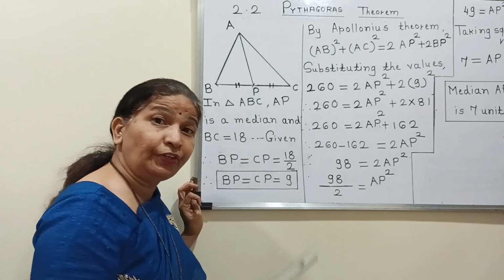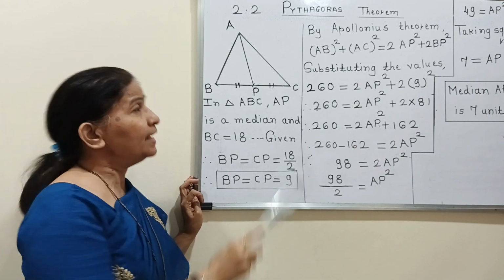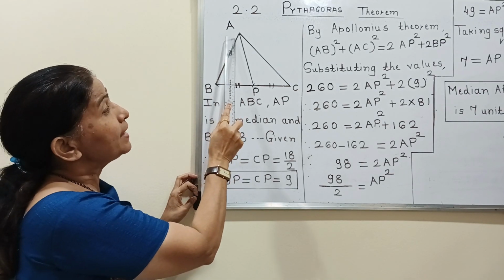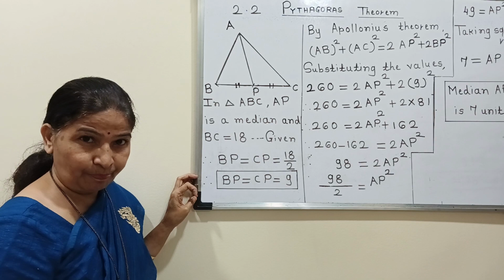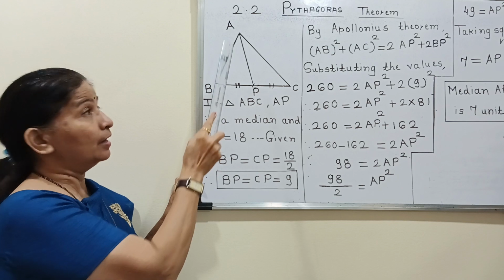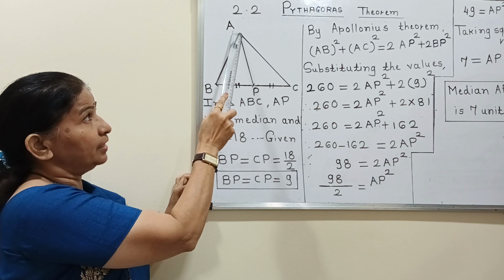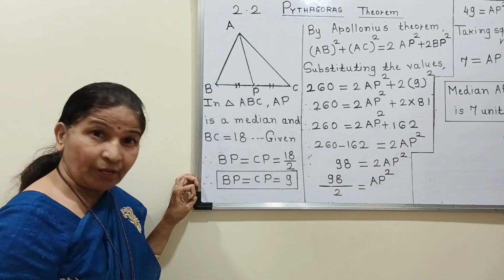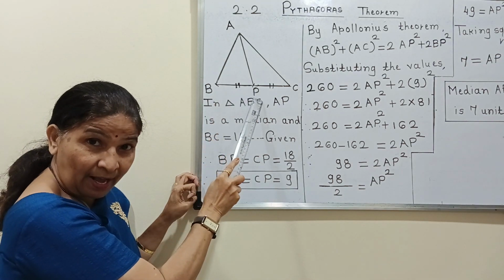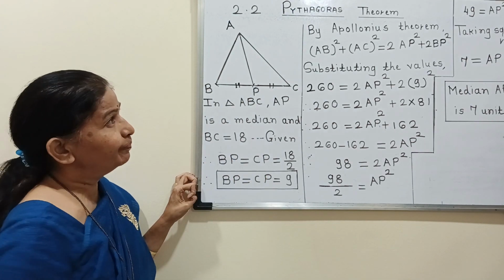Now we will turn to Apollonius theorem. We will apply here Apollonius theorem to find the median AP. So I will say by Apollonius theorem, AB square plus AC square is equal to twice AP square plus twice BP square.